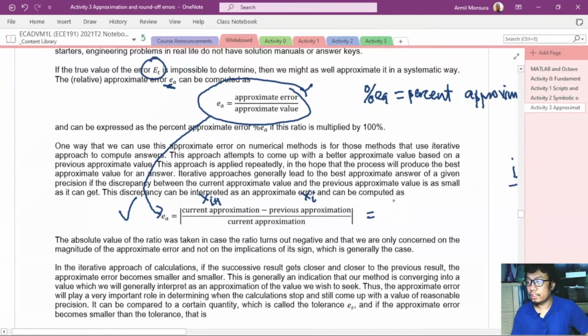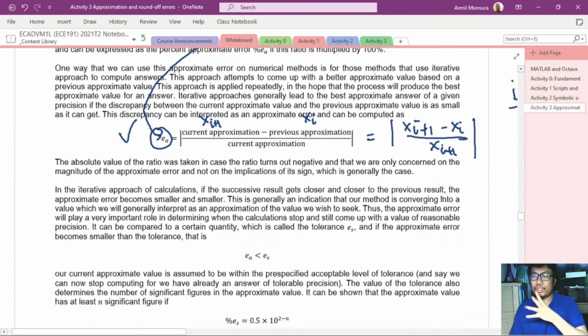So we can use the idea of approximate error. Okay, so natin siya ngayon gagamitin. Well, what do we use this for?